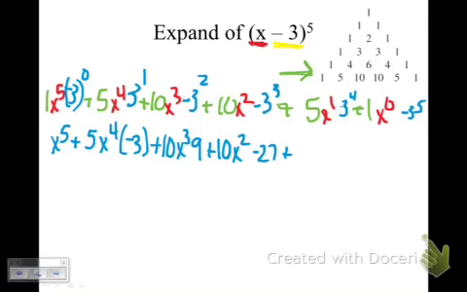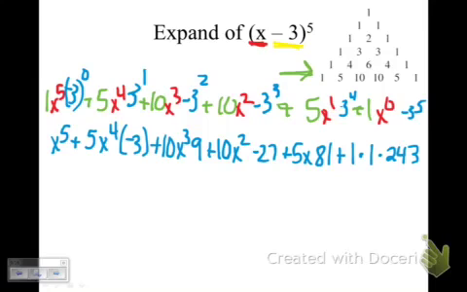Plus, what do I got left here? 5, x. Negative 3 to the 4th is positive 81. Here I've got 1 times negative 3 to the 5th, which is, I believe, 243, sorry. Okay, so I'm just working my way through this.